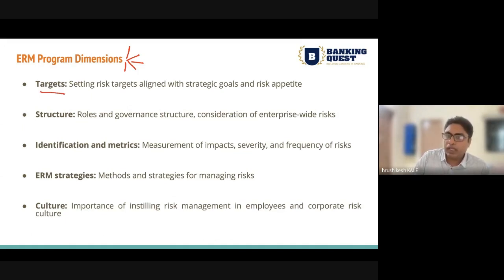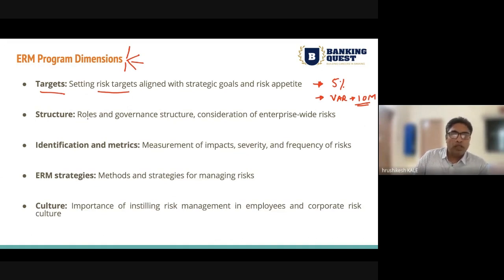Just like a marketing target, you must have a risk target in place. So we will try to reduce the risk taken by our bank by 5% this year, or our total VaR should not exceed, let's say, 10 million, whatsoever is your target. There should be clear-cut set target goals.